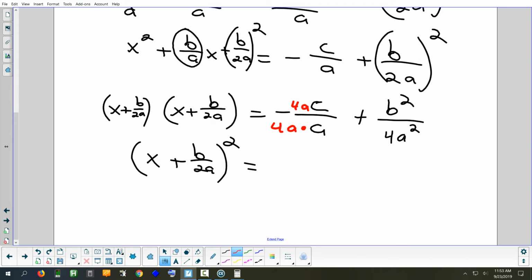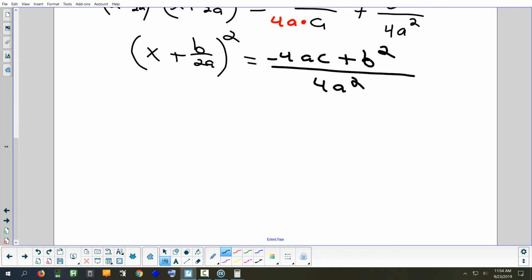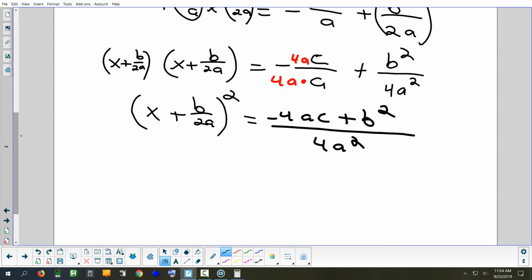It's coming together a little bit. So let's write what we got now. Negative 4ac plus b squared, and it's all over 4a squared now. We're going to write that as b squared minus 4ac. That's how you normally write it.